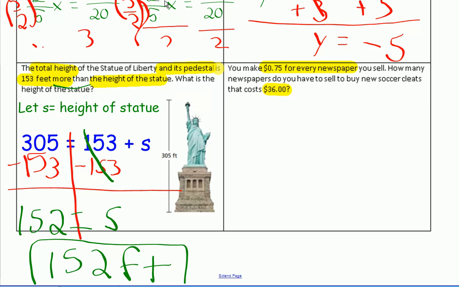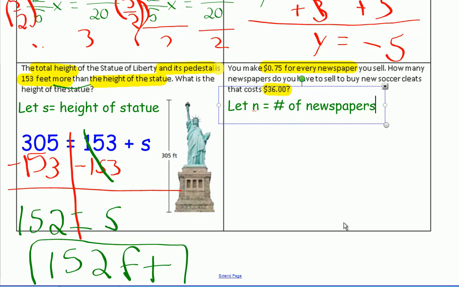What I first noticed, and it was my first step, is there is no variable. So I need to start with this. How many newspapers? Well, since I'm looking for how many newspapers, I'm going to call it N, number of newspapers. I don't know it, so I'm labeling it N. N is the number of newspapers.